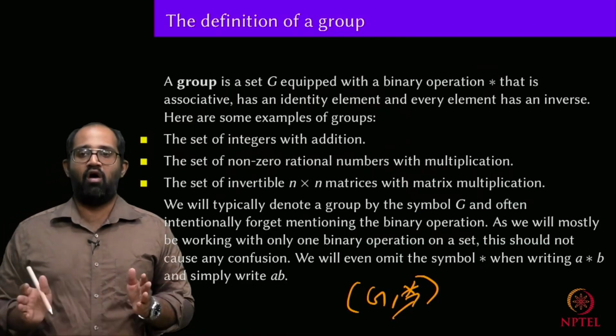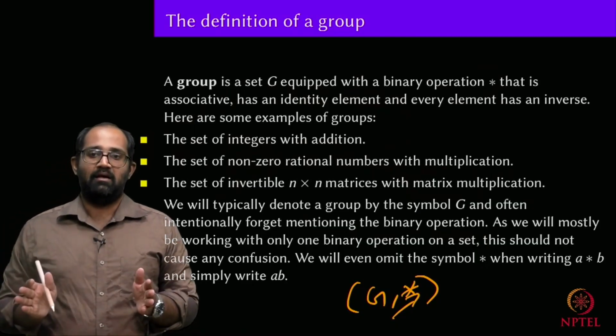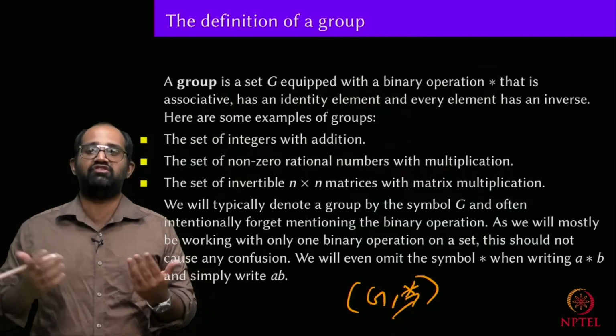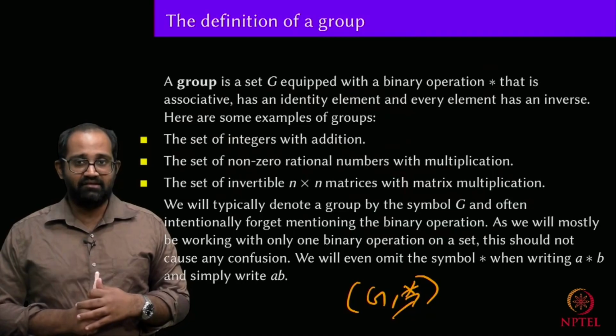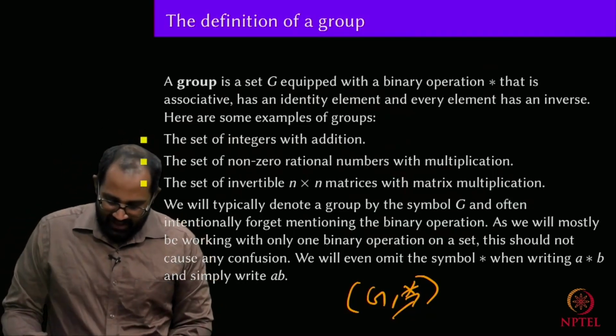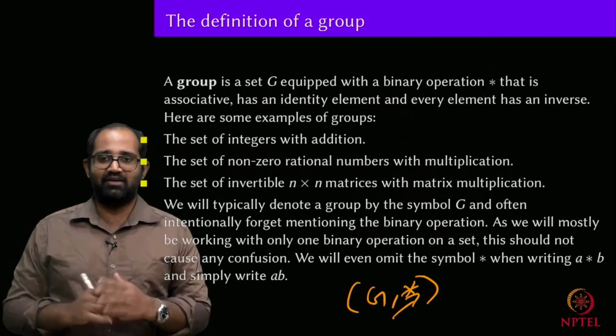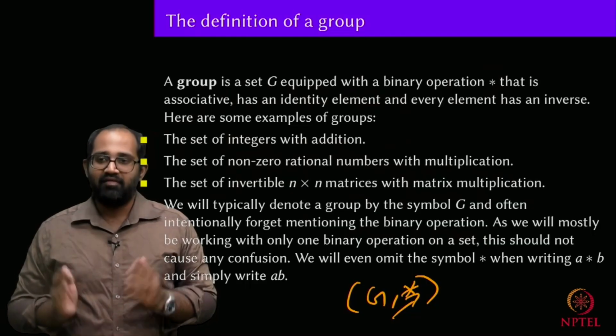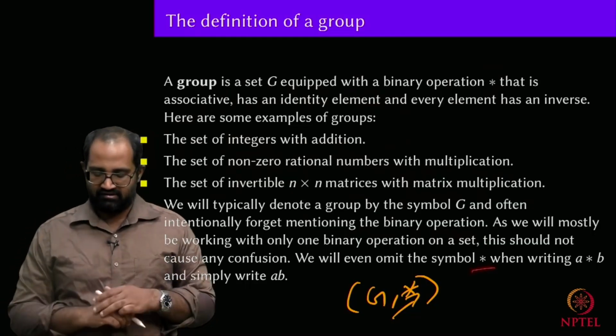So, we will often say, erroneously, but you should understand from context that there is no error, we will just say let G be a group. That really does not make sense, but it should make sense to you now. And as in a given situation, we will be considering only one binary operation, we will even omit mentioning the binary operation star.